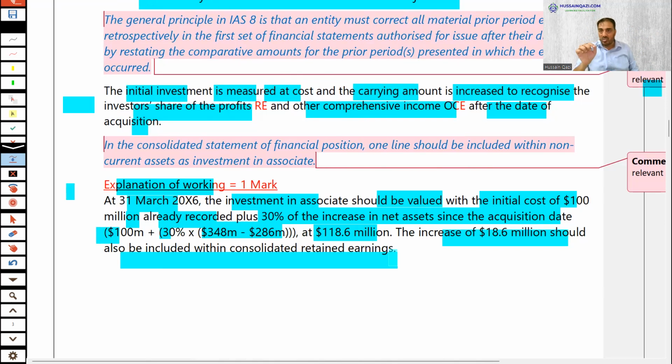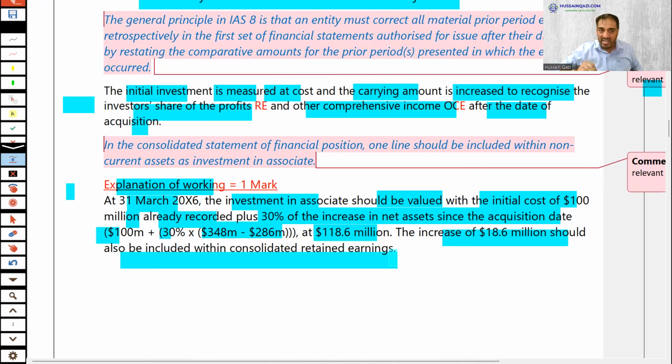For example, if some students attempt the question by showing the working of equity accounting as a calculation, cost of investment plus share of post-acquisition profit, total 118.6, they may ask, "Sir, is this right?"